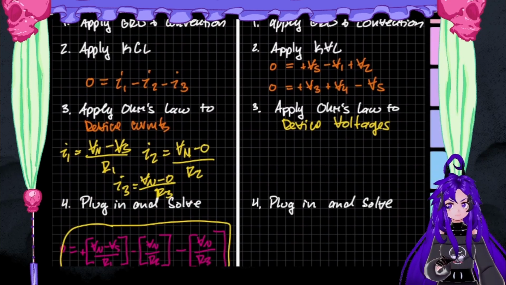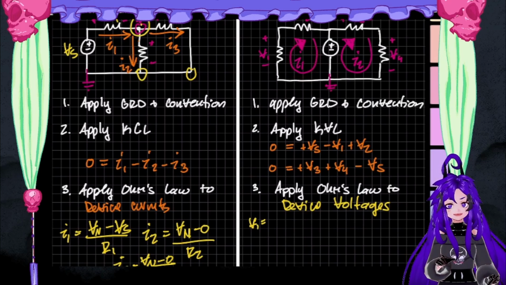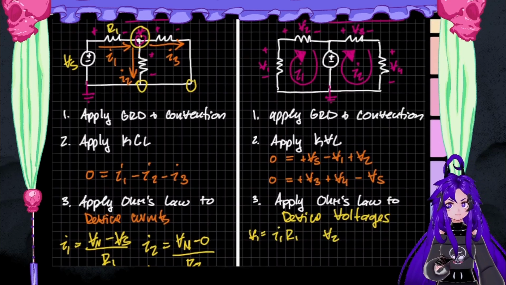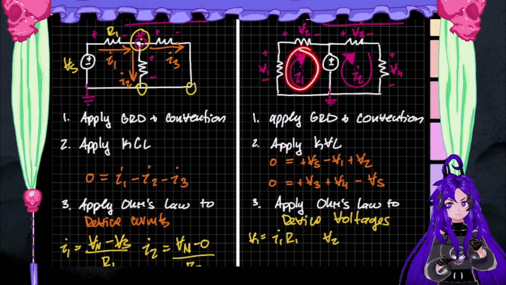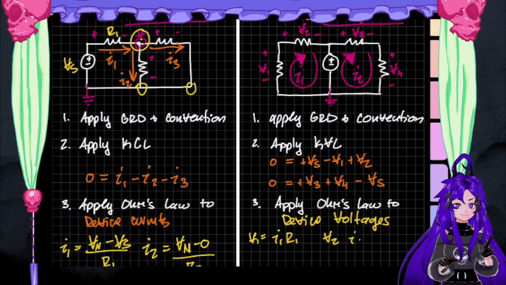So V1 is going to be, all right, well, this is I1, so it's going to be I1 R1. And then V2 is also attached to I1, so we're going to get I1 R2.